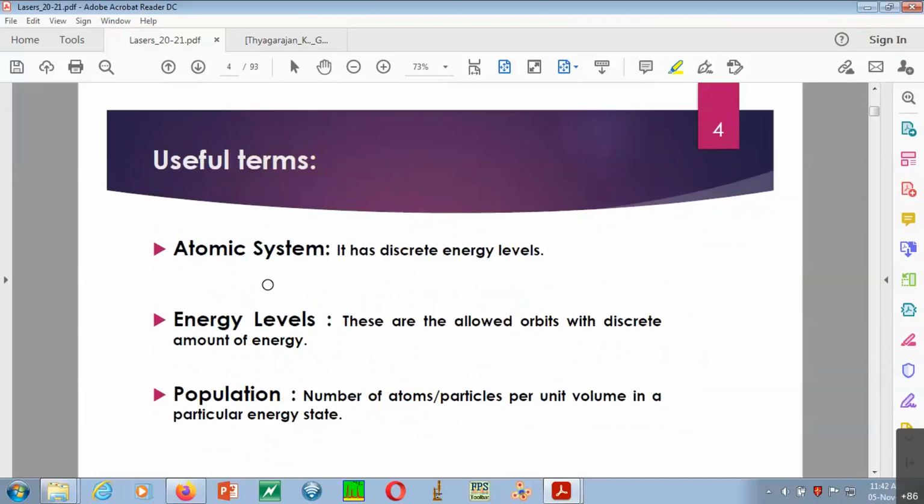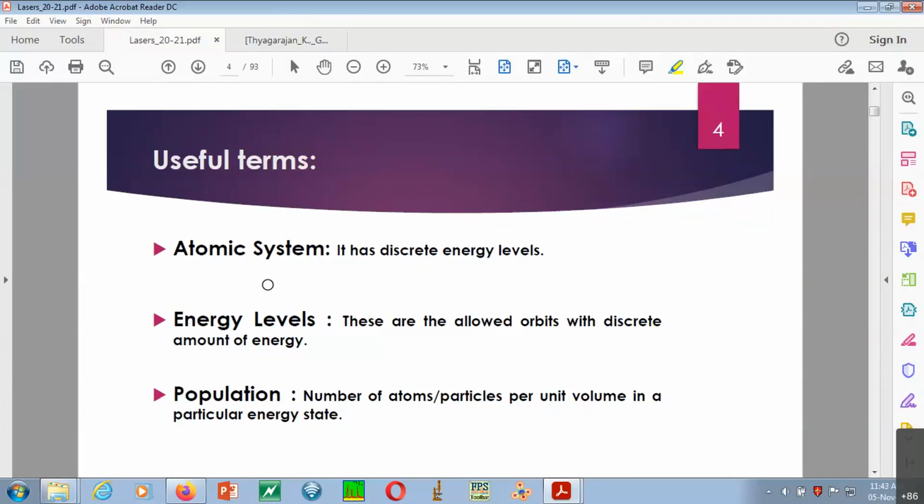So whenever I say atomic system, that means it must have discrete energy levels. You have studied up to 12th that energy levels are either discrete or continuous. Discrete in the sense you can easily count them and identify the difference between two levels.